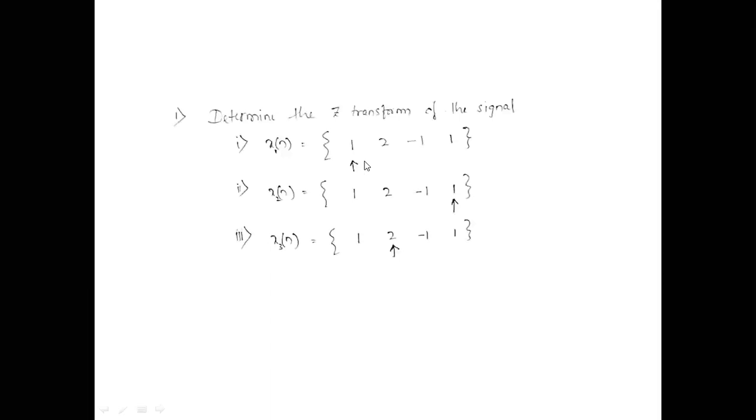We saw 5 problems today. 3 of the problems had finite duration, and the remaining 2 problems had infinite duration. First thing we saw was that for all these 3 finite duration signals, ROC was the entire Z plane. And what was ROC, by the way? ROC means those values of Z for which X of Z is finite.